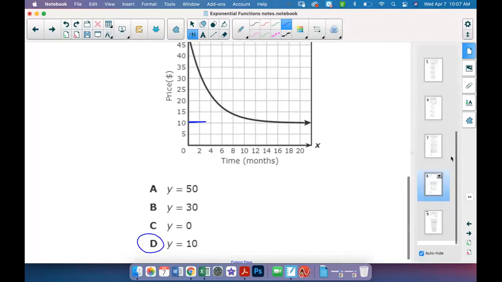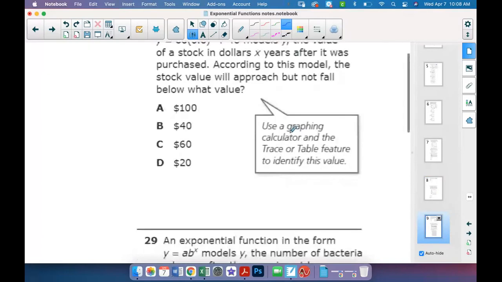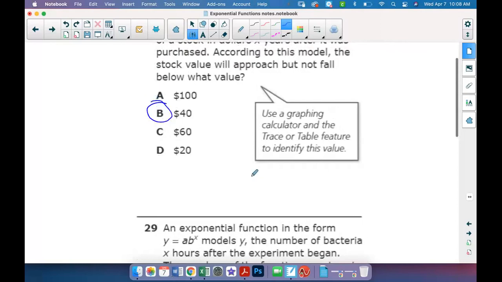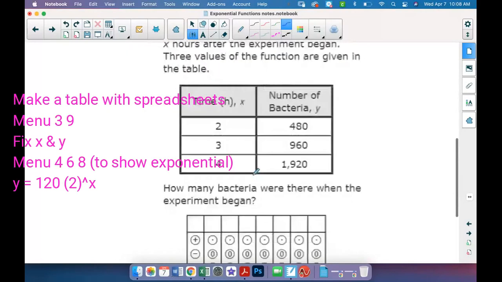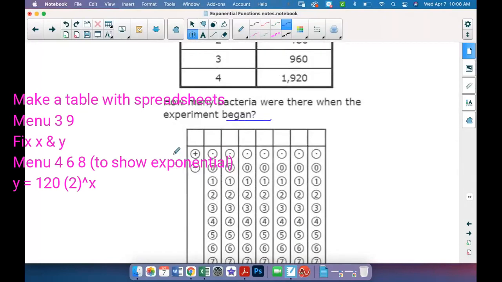Okay, the next one is number 27. For number 27, it is B as in boy. And then number 29, they're pretty much asking you where it began, so that is the initial amount.